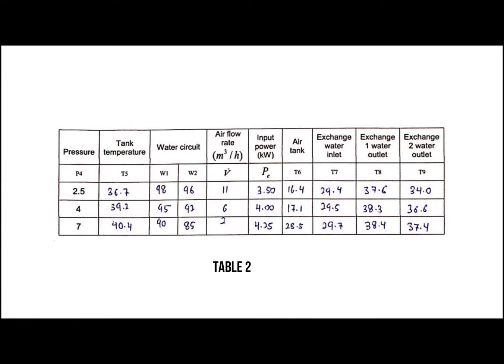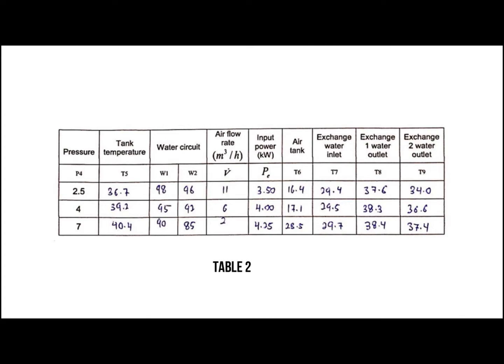And this is the second table of the result. Here we can observe the temperature of T5 until T9, the airflow rate, the input power, and the water circuit level for 1 and 2. We observe that the input power is higher as P4 is adjusted from 2.5 bar to 7 bar.